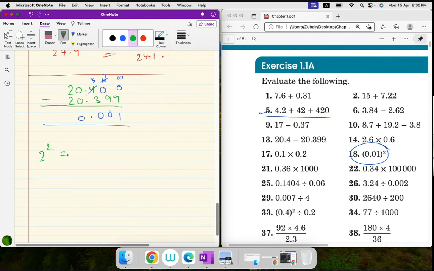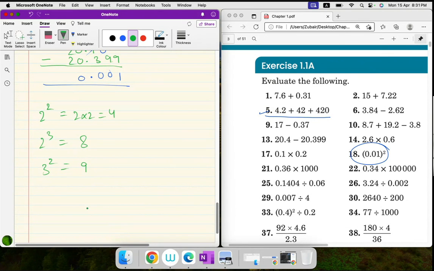What would be 2 square? 2 square is 4. 2 into 2. And 2 cube is 8. 3 square, 9.